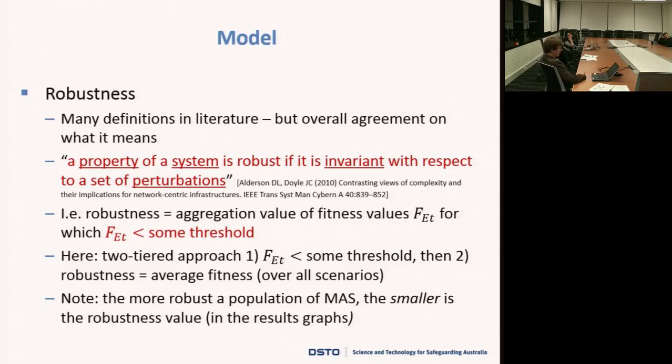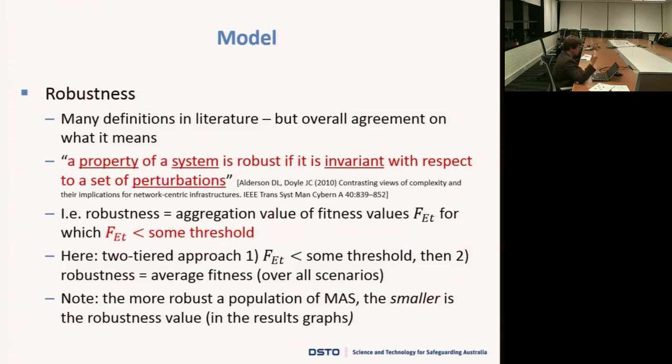So we use a two-tiered approach, where we first set this threshold, but then use the average fitness as the discriminator. And you see therefore in the graph values for fitness, rather than a percentage of scenarios, because it went through this filter first: does it meet my robustness requirement?